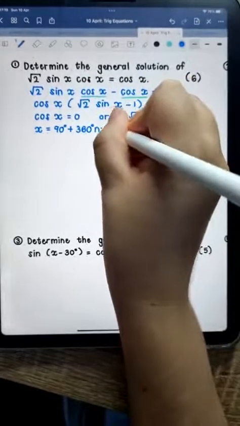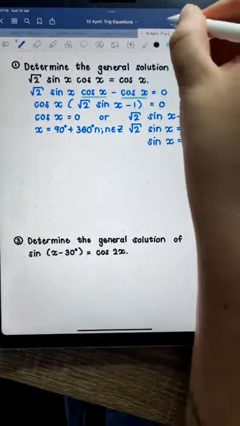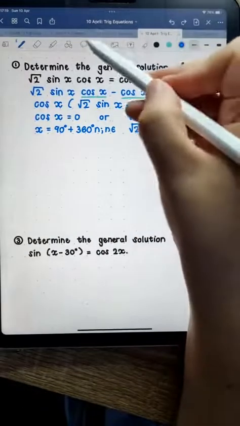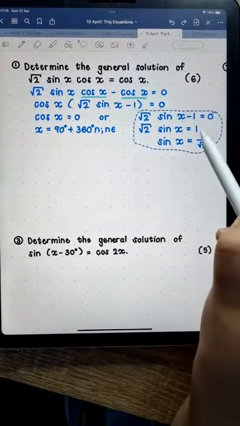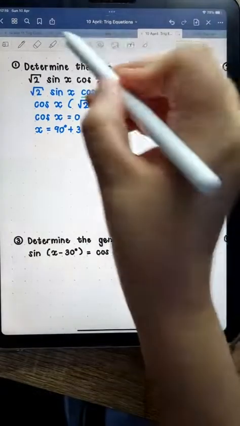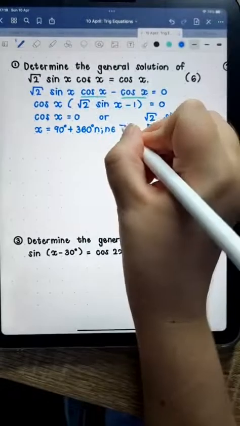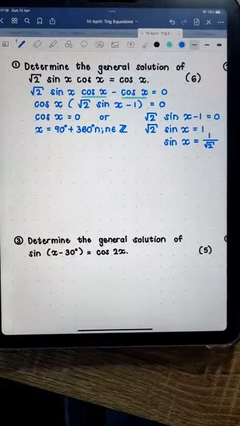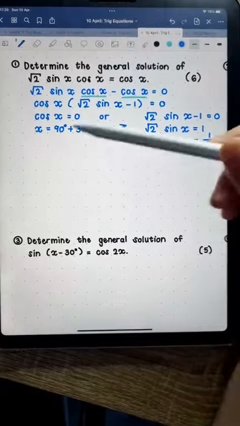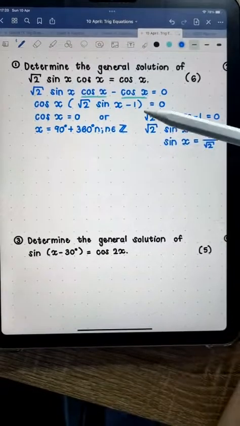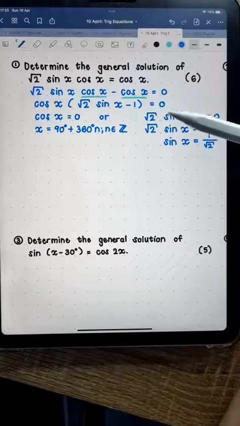Now I'm going to just try squeeze this in here. Let me move this a little bit to the side because it's a bit cramped here. Guys, remember with a trig equation, a trig graph, a cos graph in this case, repeats itself every 360 degrees. That's what the period of the cos graph is.